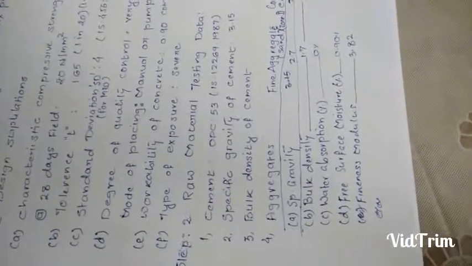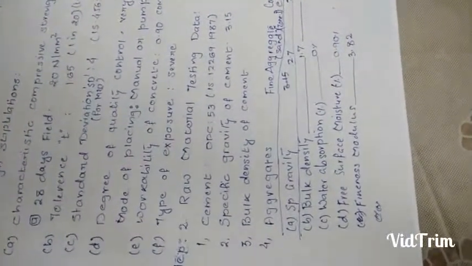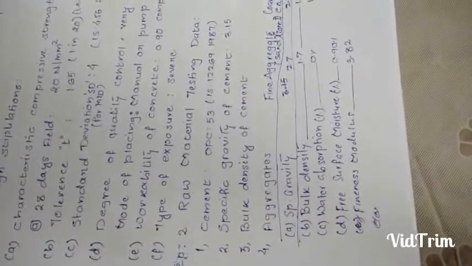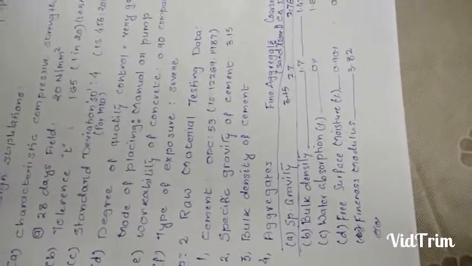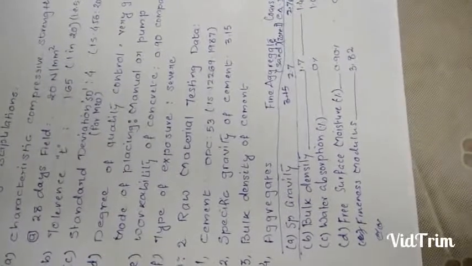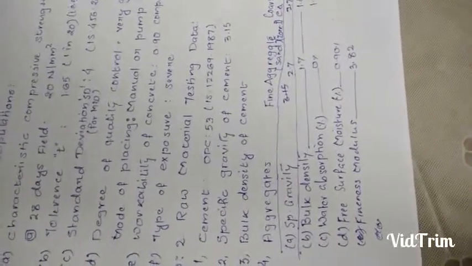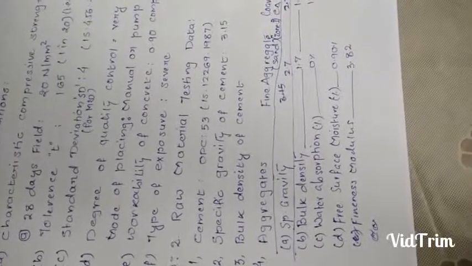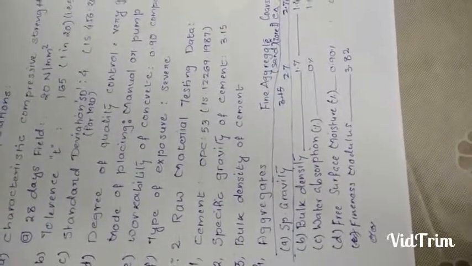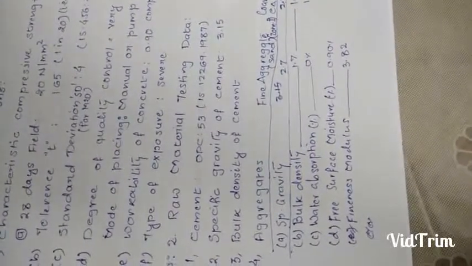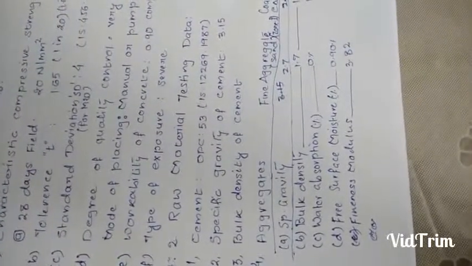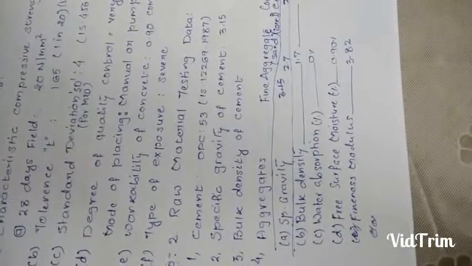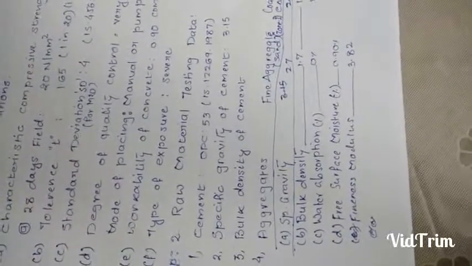Step 2, raw material testing data. First, cement OPC 53 conforming to IS 12269:1987 and specific gravity of cement is 3.15. Third is bulk density of cement, which we will consider later. Fourth is aggregates.